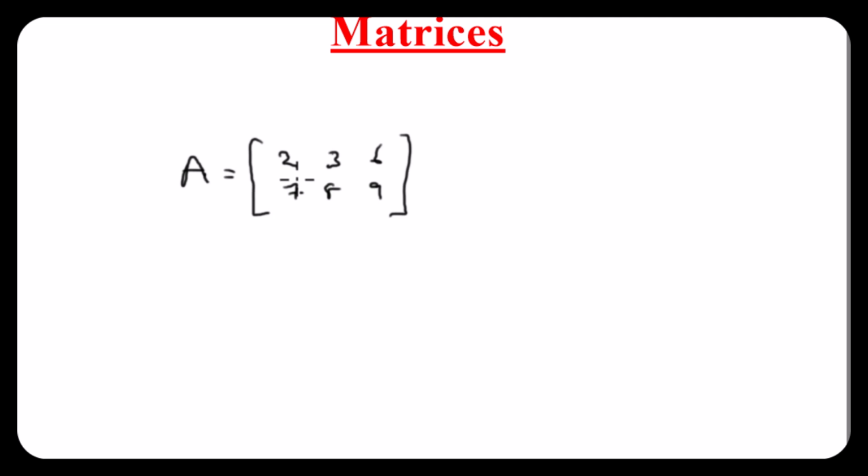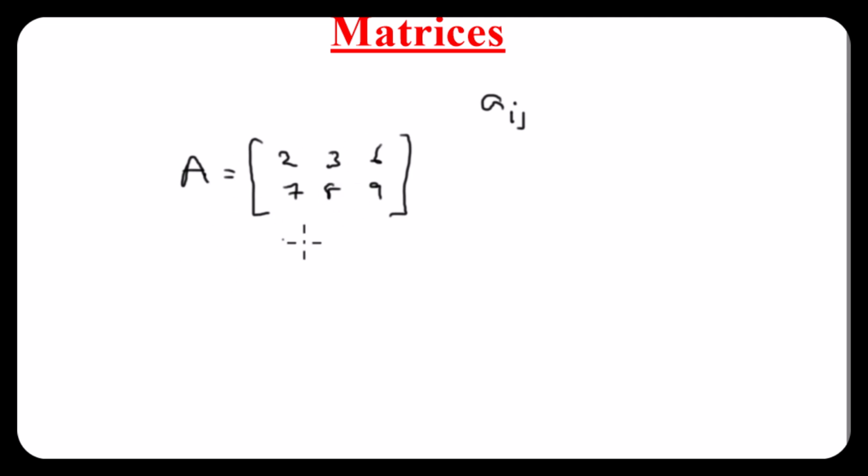And how do we identify each of these elements? We simply use A_ij, where i is the row number or its row position and j is its column position. What do I mean by that? If I were to take 3, this element 3 is in the first row, and we consider it is in the second column.